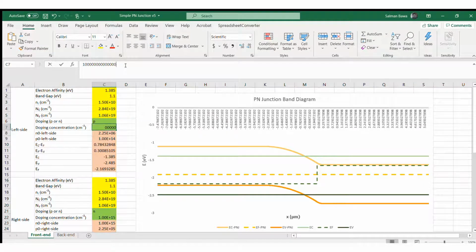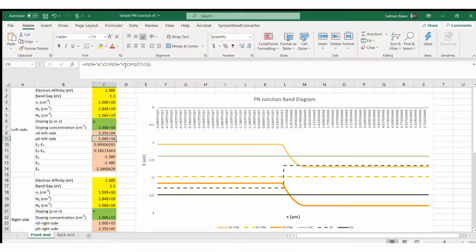And what happens if we increase the doping concentration on the left-hand side by an order of magnitude compared to 1 exponential 15? So as we would expect, this would be opposite.